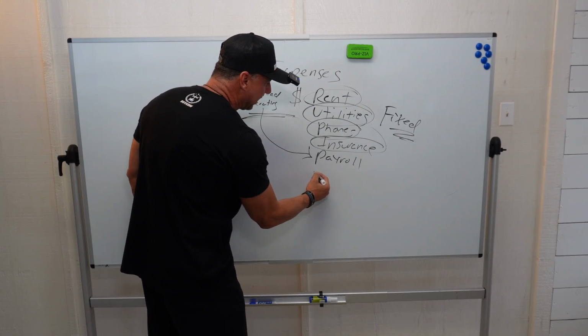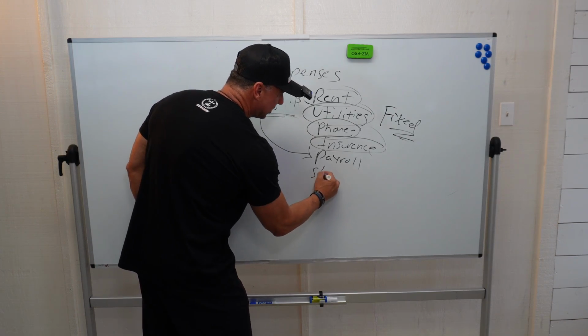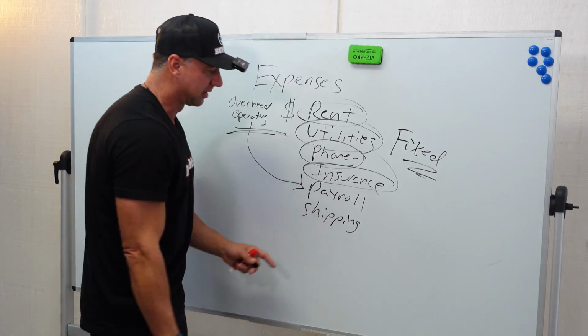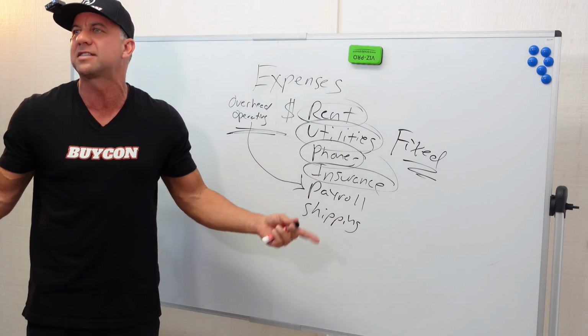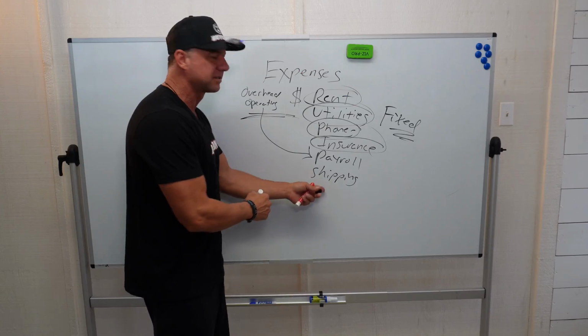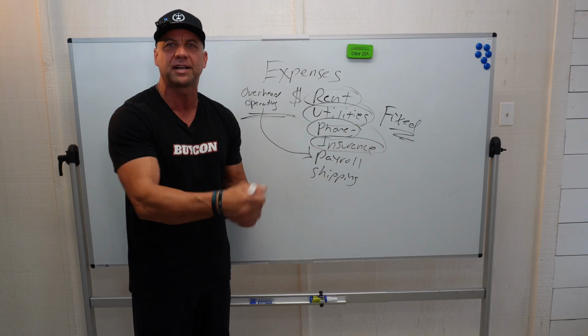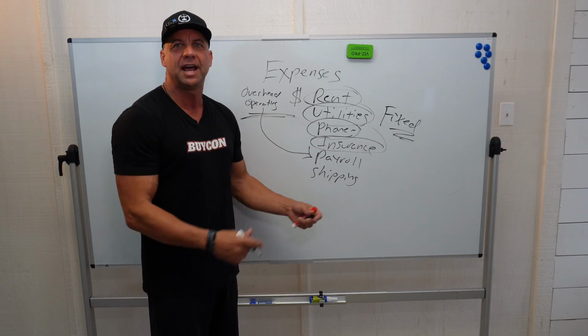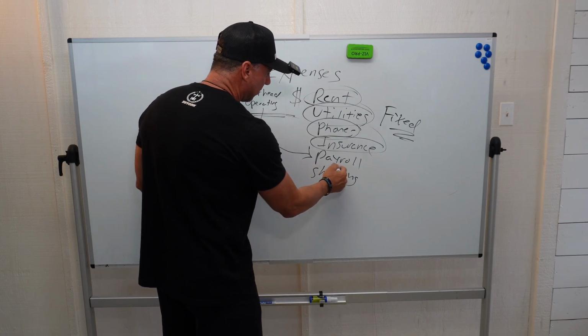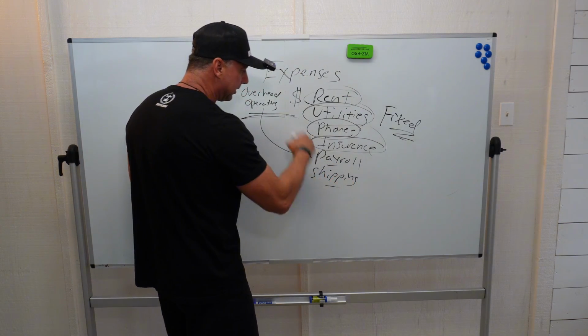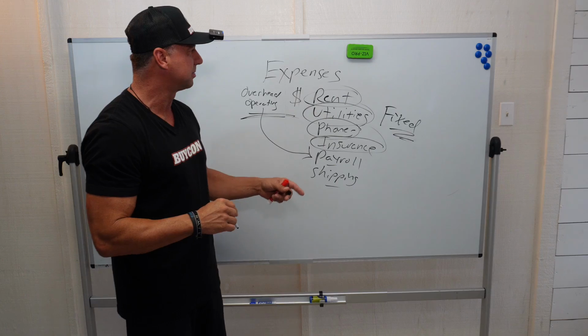So, payroll may be one. Shipping may be another one. So like my FedEx bill sometimes is like $500, $600, $700 a month, because if I'm doing a lot of business and I'm FedExing a lot of titles, then that's an operating expense, okay?